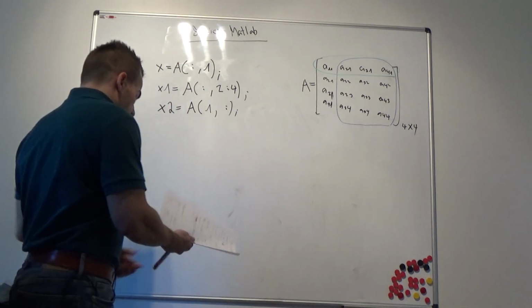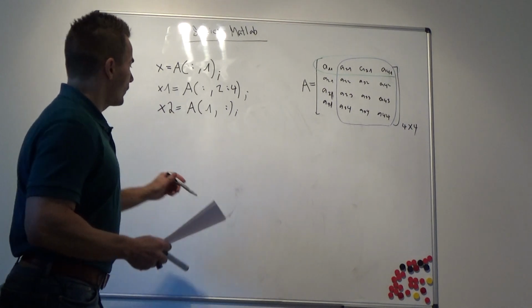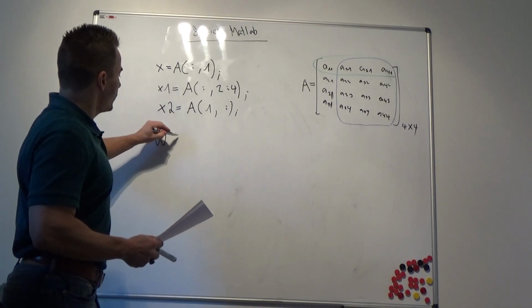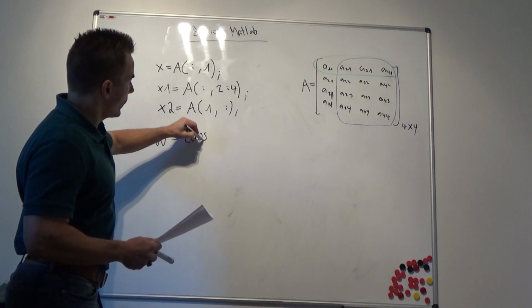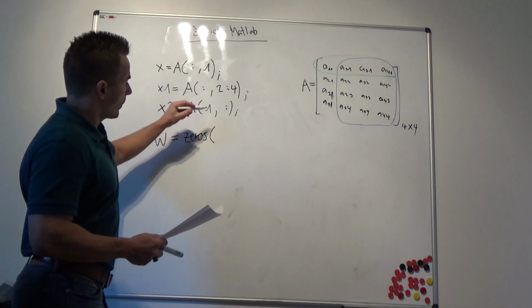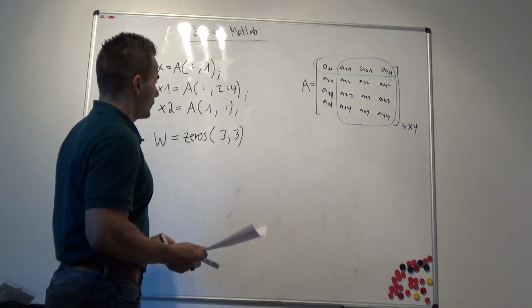So what else can we do? Very simple: we can define W and write zeros(3,3).